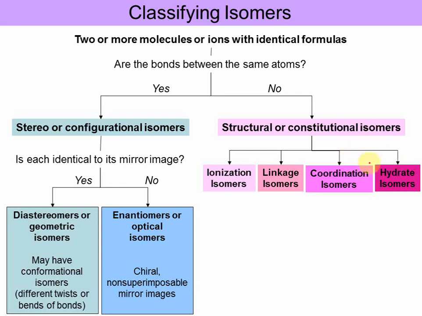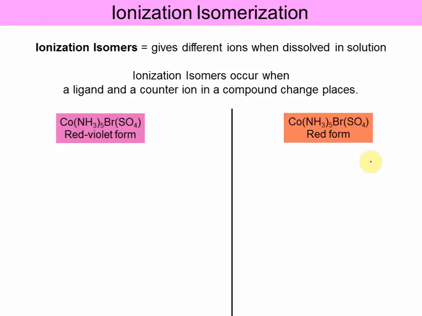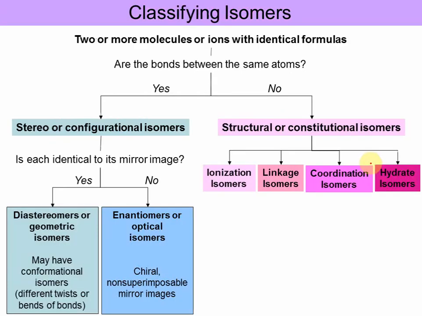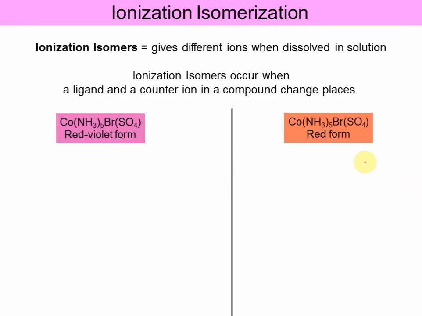So our first type of isomer that we're going to look at, which is a structural isomer, is the ionization isomer. Basically it gives different ions when dissolved in solution. Ionization isomers occur when a ligand or a counterion in a compound change place. So let's say we have this cobalt complex with 5 amines, 1 bromo, and 1 sulfate.